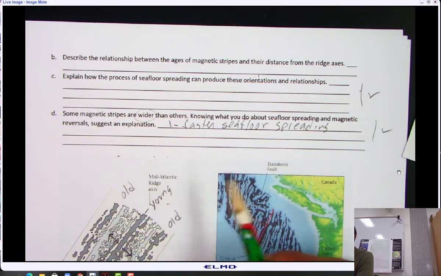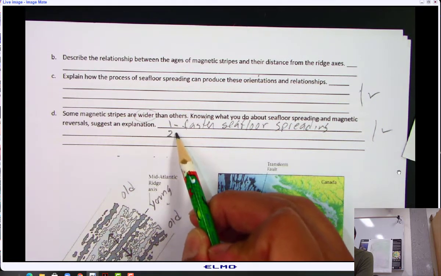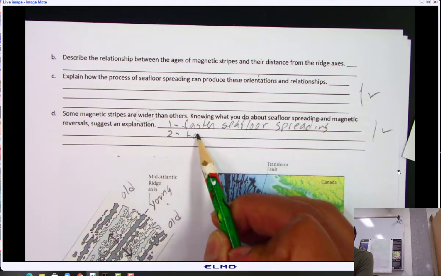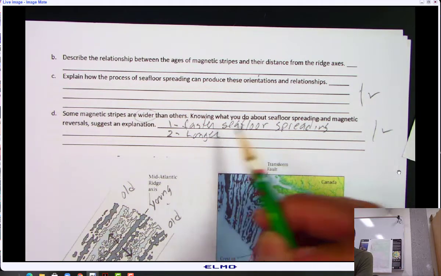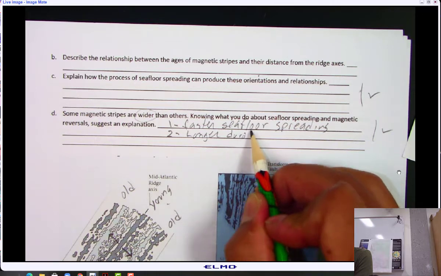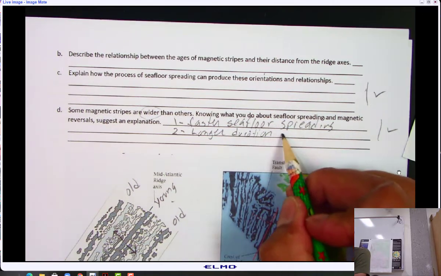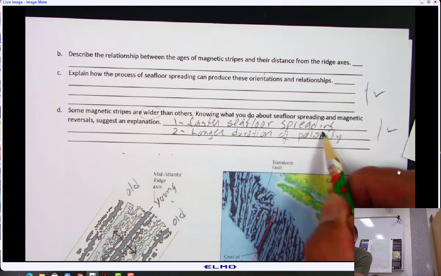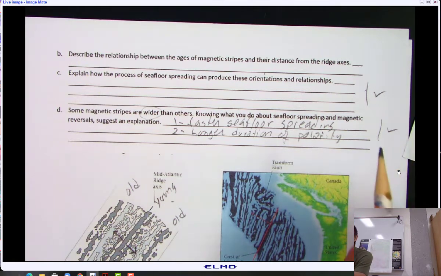Or the other thing that could be happening is we have a longer duration of a certain polarity. I think I mentioned in my video lectures that these magnetic reversals occur about every 500,000 to 700,000 years, but some can last 1.2 million years or 3.